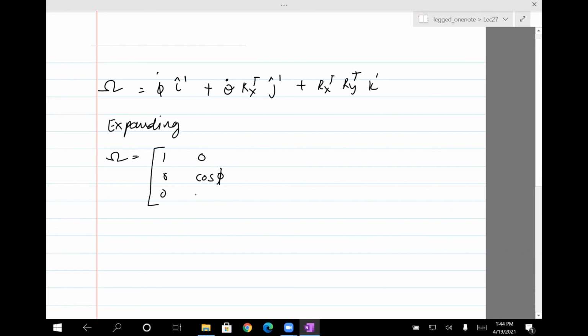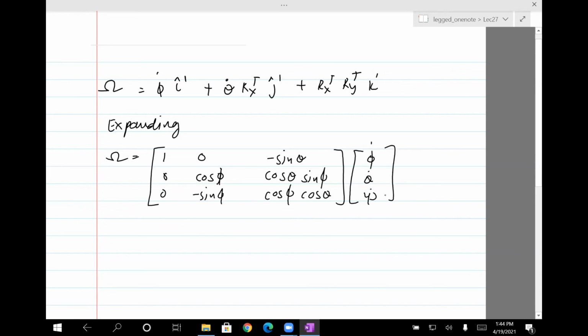Cos phi, minus sin phi, minus sin theta, cos theta sin phi, cos theta, times phi dot, theta dot, psi dot.